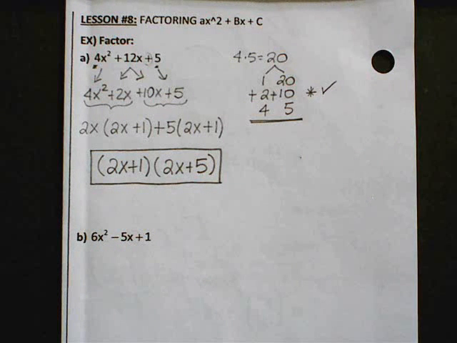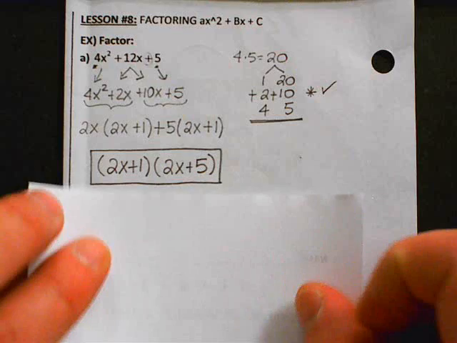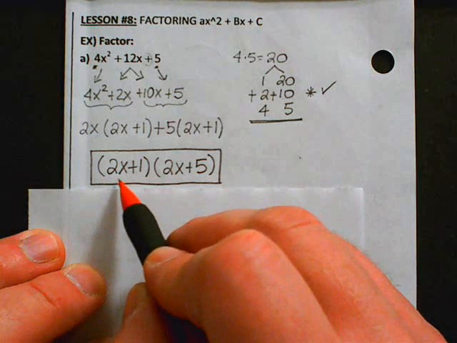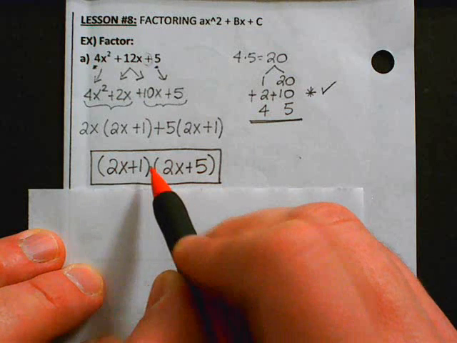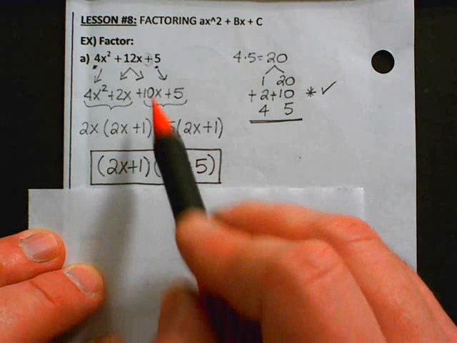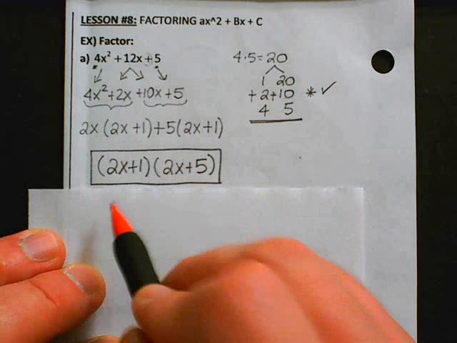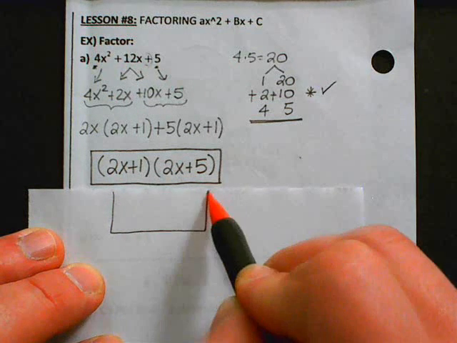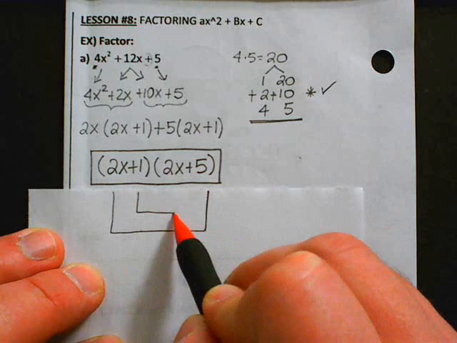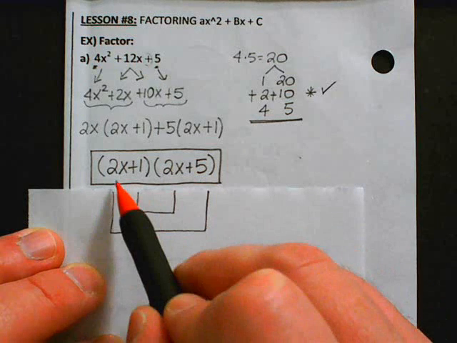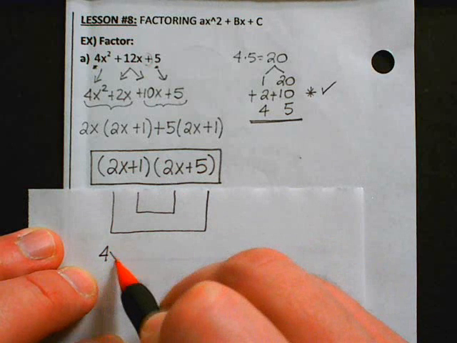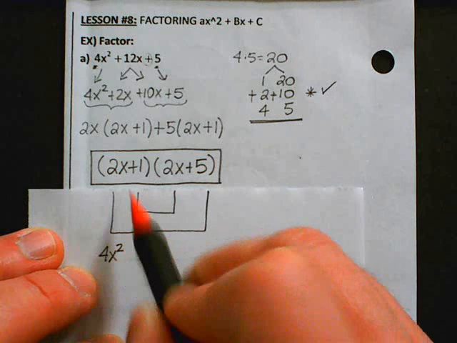Okay. Now, the cool thing about factoring is that you can always check your answer. So basically, by multiplying this back, if this is correct, it should give me back my original problem. So let's try that. If I multiply this back, it's like foiling. So FOIL: first times first gives you 4x squared.